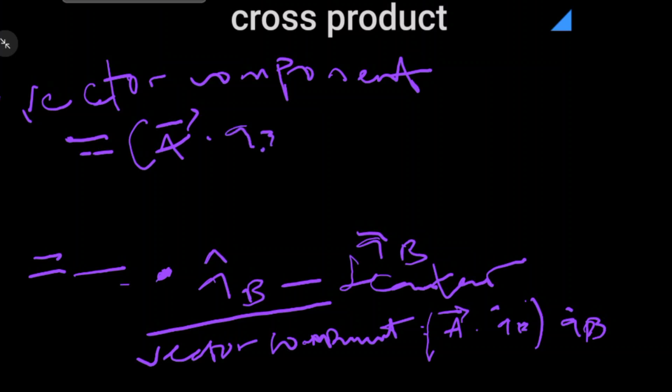This is the formula of the scalar component, but in the vector component we multiply it by the unit vector along B.